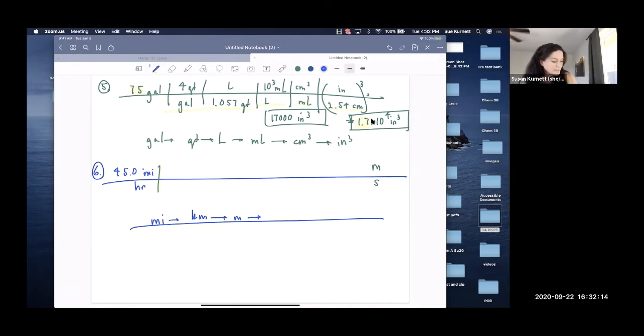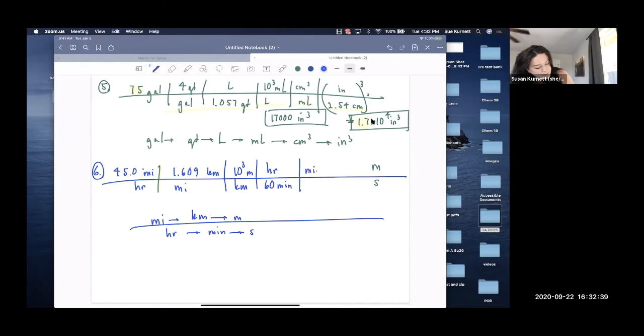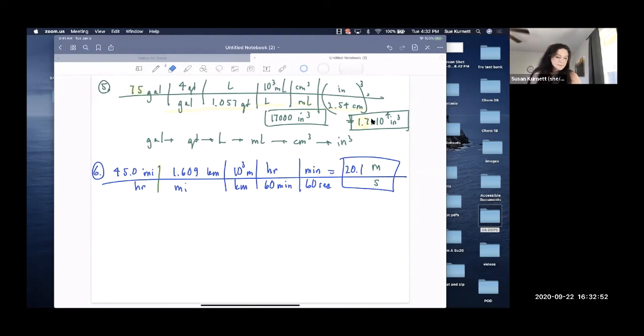And then we're done. And now we're just going to go the other direction. This time I will go through feet.